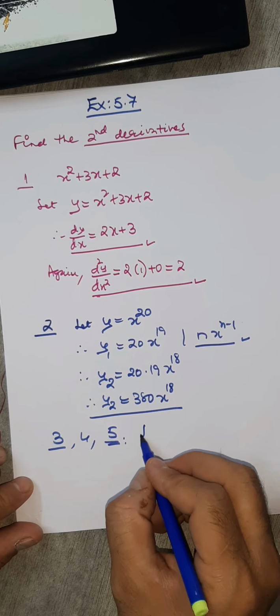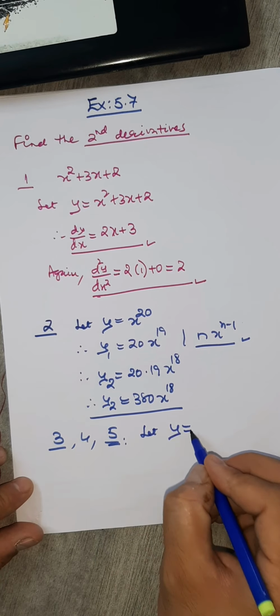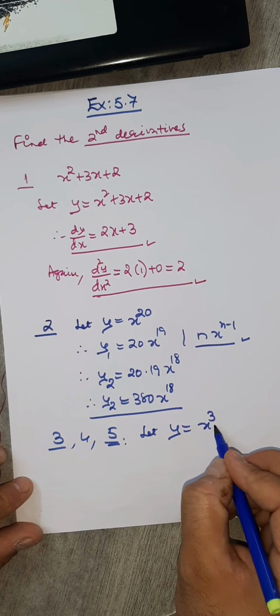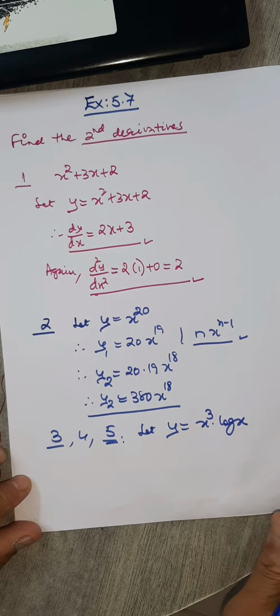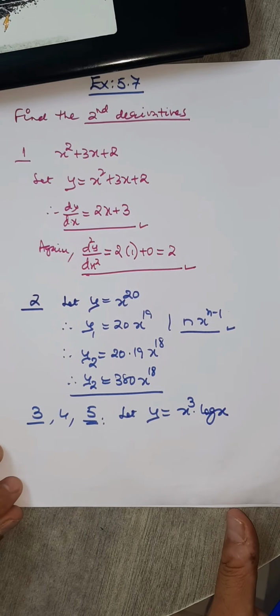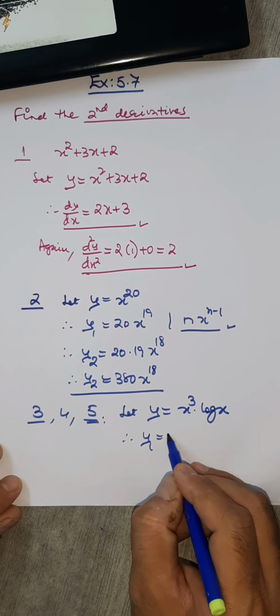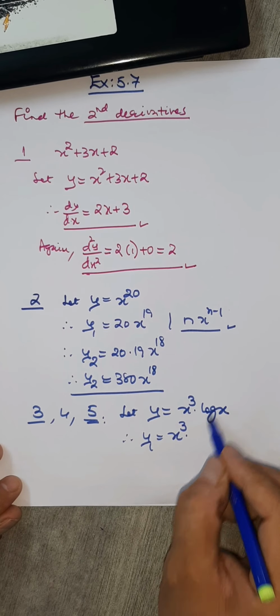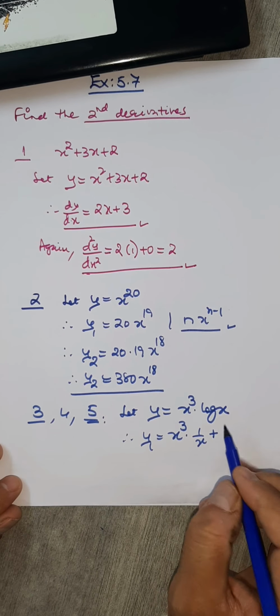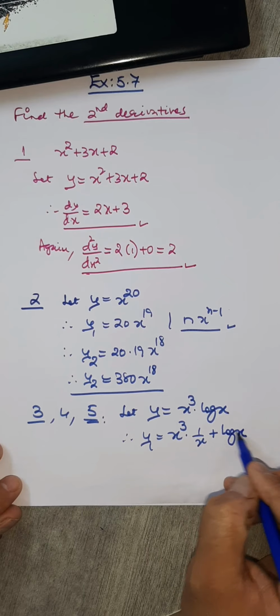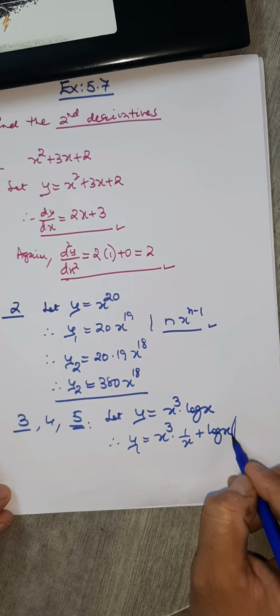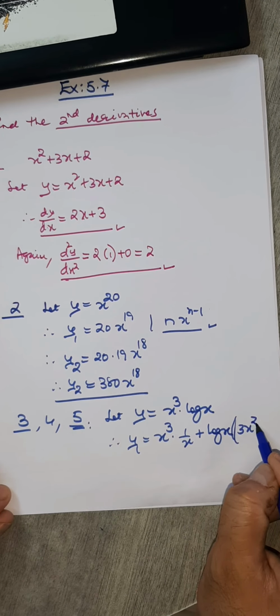There you have, let's take y equals x cube into log x. So therefore, what is y1? Product rule. x cube as it is, derivative of log x, 1 upon x, plus log x as it is. What's the derivative of x cube? 3x squared.